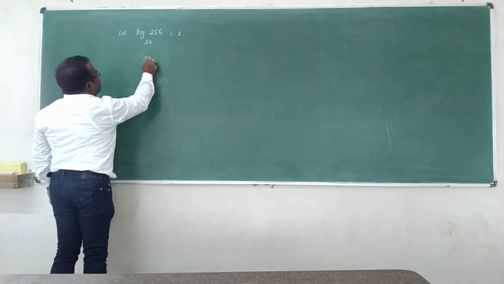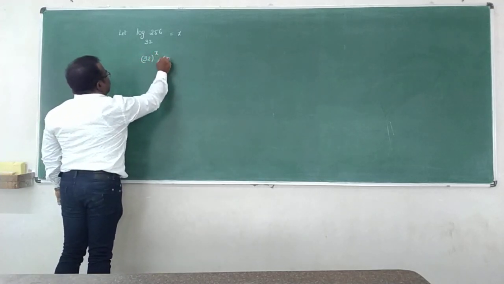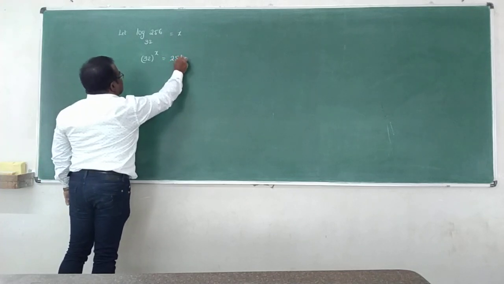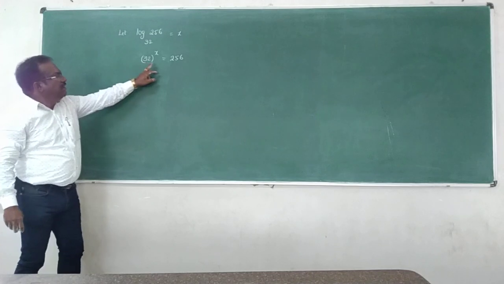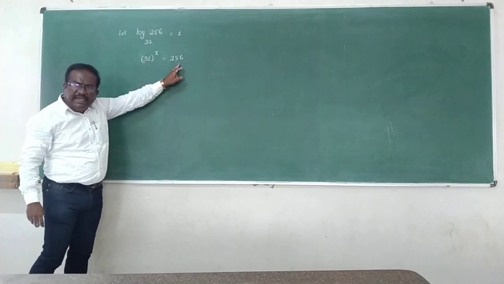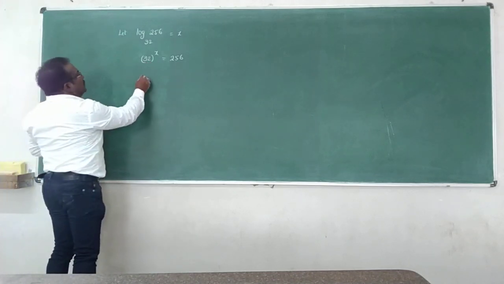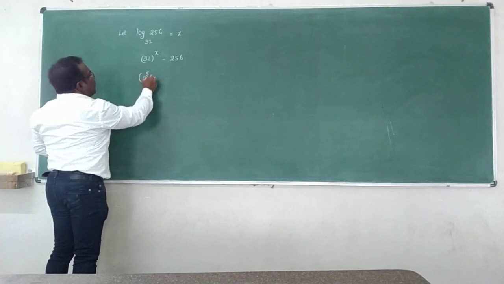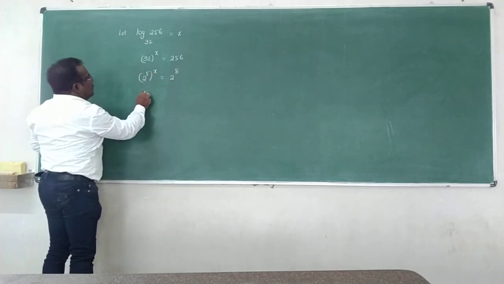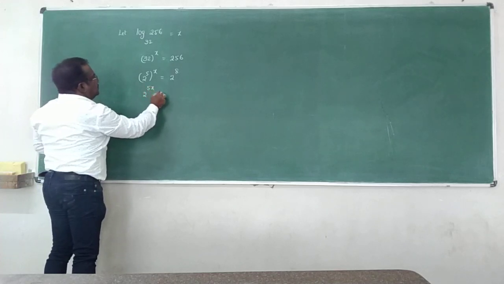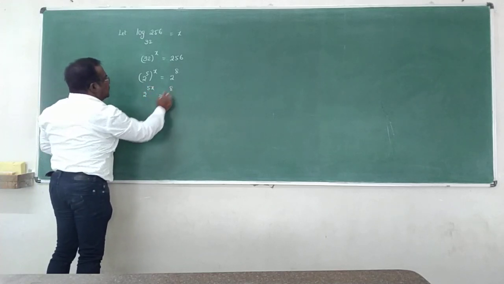That is, 32 to the power x is equal to 256, children. Can we write 32 as 2 power 5 and 256 as 2 power 8? Yes. 2 power 5 whole power x is equal to 2 power 8. Now 2 power 5x is equal to 2 power 8.